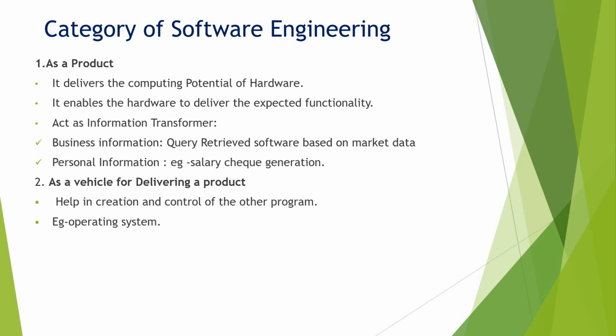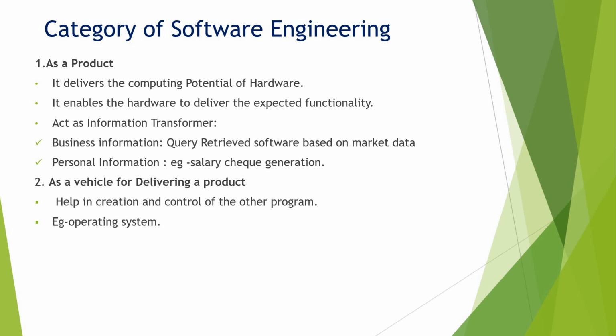As a product, it delivers the computing potential of hardware and enables the hardware to deliver the expected functionality and act as an information transformer. Information transformer means business information and personal information.